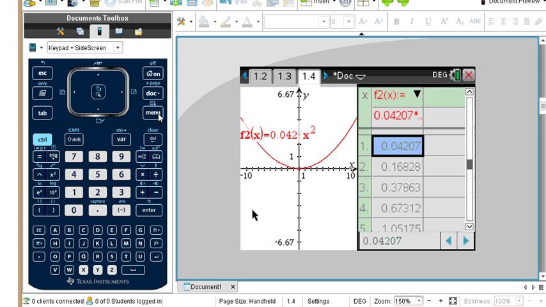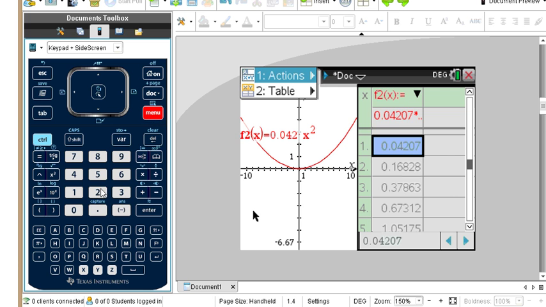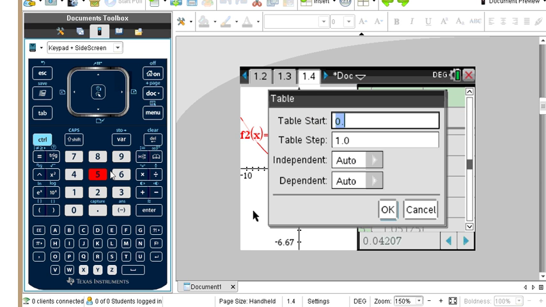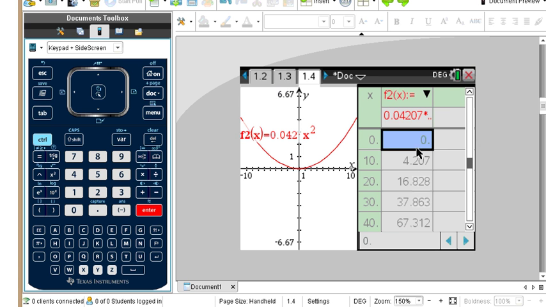But if we go to menu, table, we can edit table settings and have the table start at 0 and go up with table step every 10 units. So we tab down here, and so we get 0, 4.2, 16.8, 37.8.